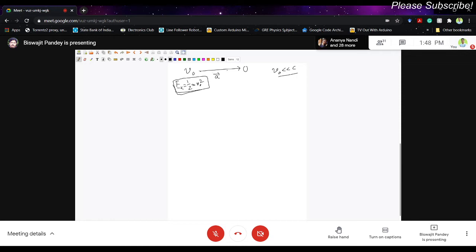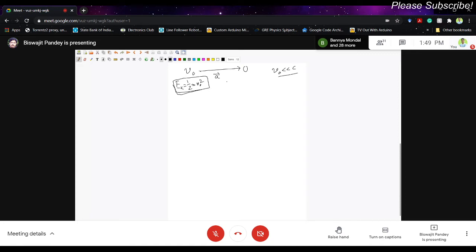And here the question is what fraction of its initial kinetic energy. v0 is the initial velocity, the final velocity is 0, so there is no kinetic energy in some sense, but what fraction of its initial kinetic energy is lost to radiation? Of course, if it is deaccelerating, its velocity is decreasing, but not all of its energy is going to radiation, right? So what fraction of its initial kinetic energy is lost to radiation? That is the question, right?